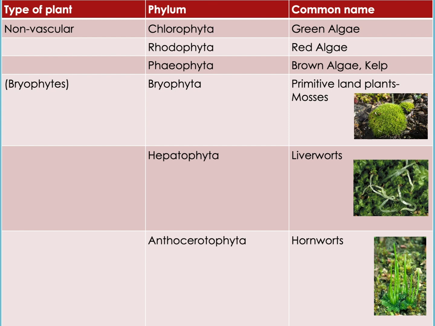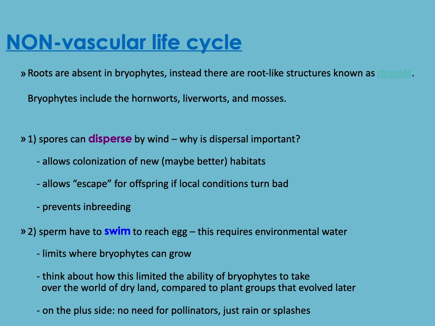Hepatophyta is the liverwort. Anthocerophyta is the hornwort. So let's see the non-vascular life cycle. At this point, we use the bryophytes as an example, starting with mosses.